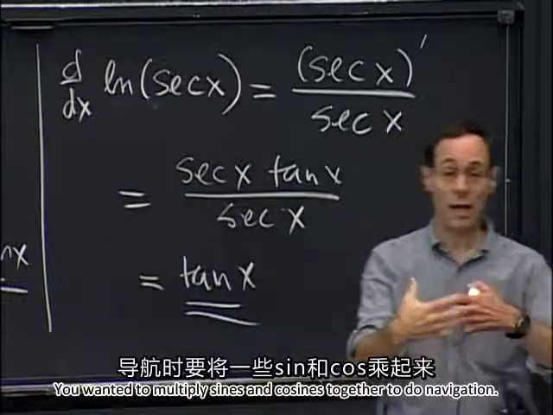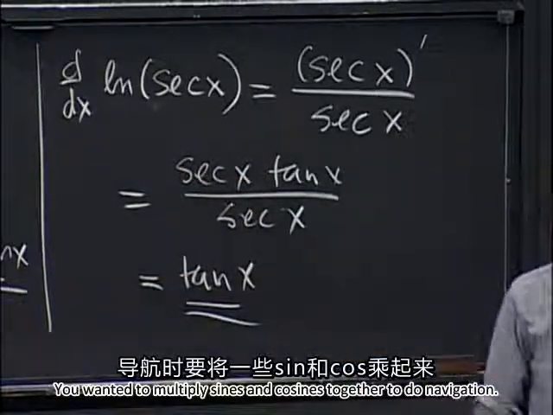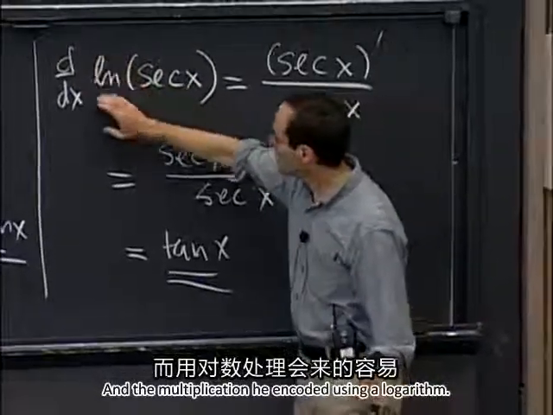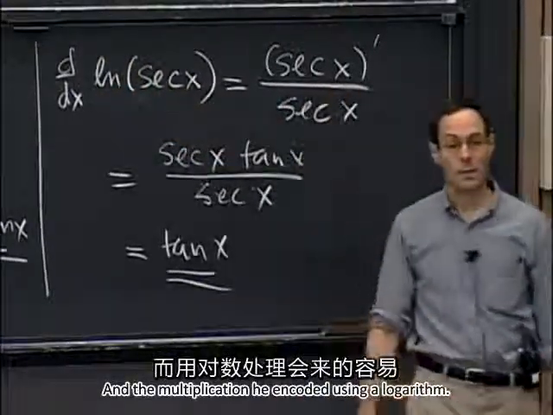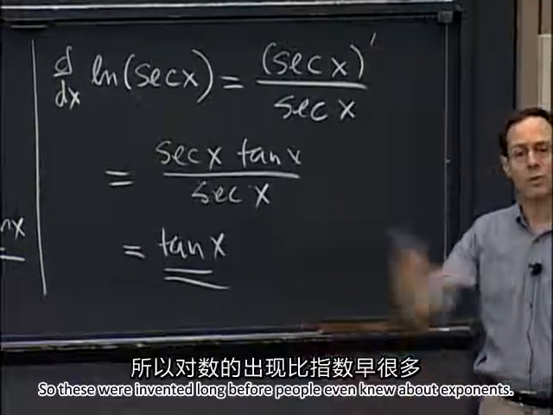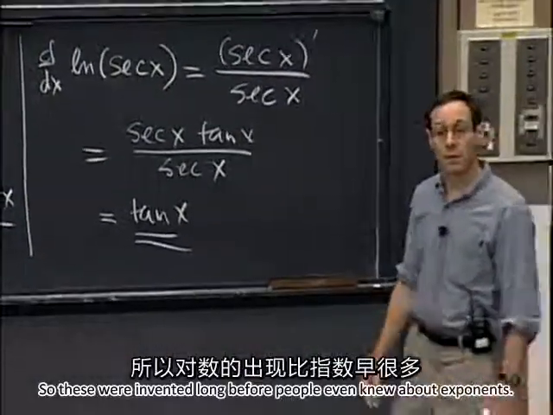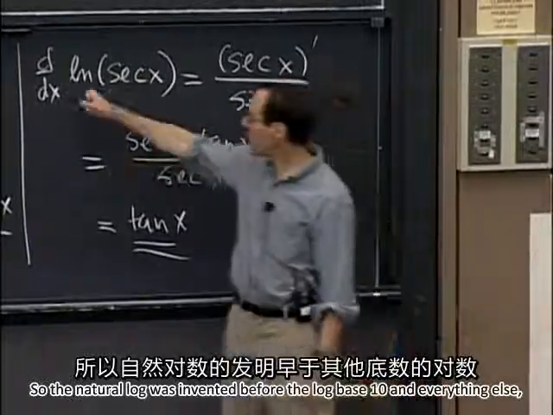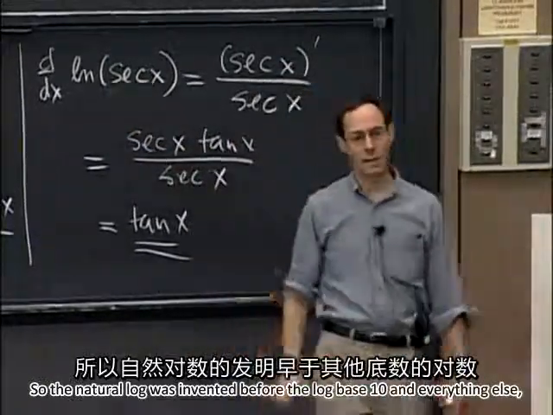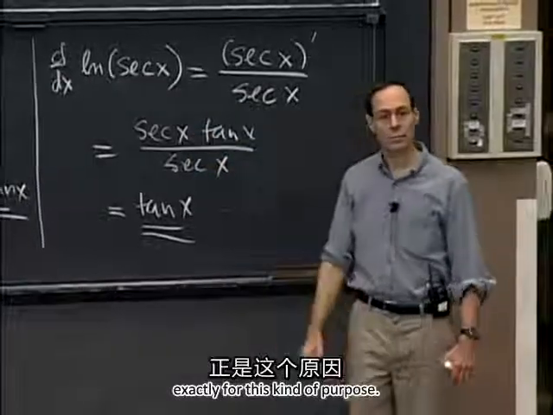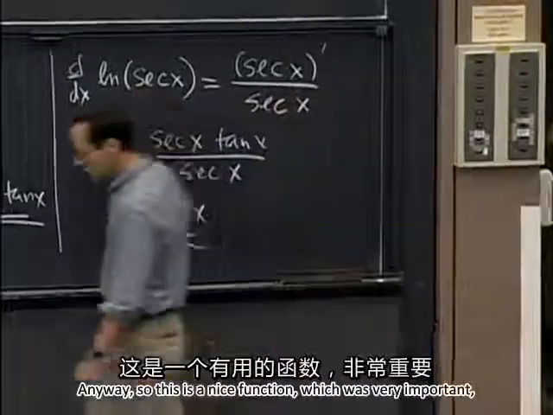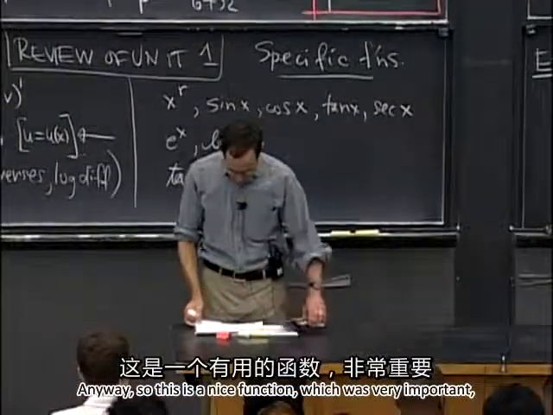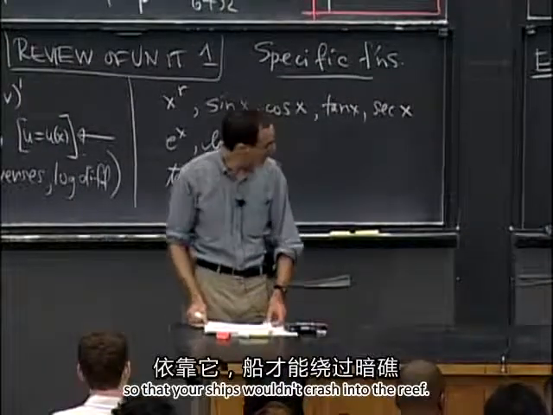You wanted to multiply sines and cosines together to do navigation, and he encoded the multiplication using the logarithm. So these were invented long before people even knew about exponents, and it was a surprise that it was connected to exponents. So the natural log was invented before the log base 10 and everything else, exactly for this kind of purpose. Anyway, this is a nice function which was very important so that your ships wouldn't crash into the reef.